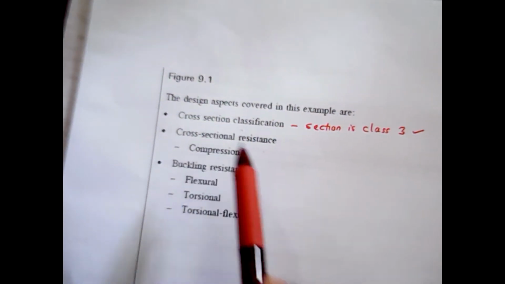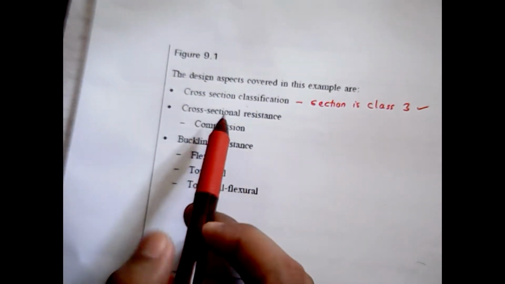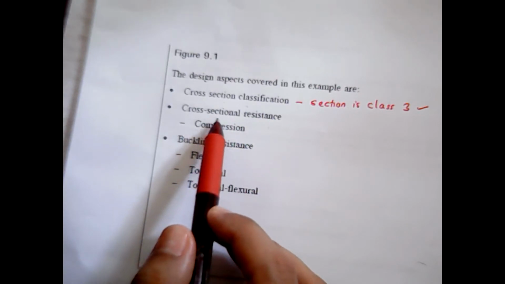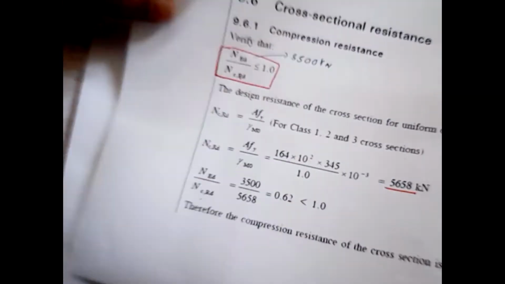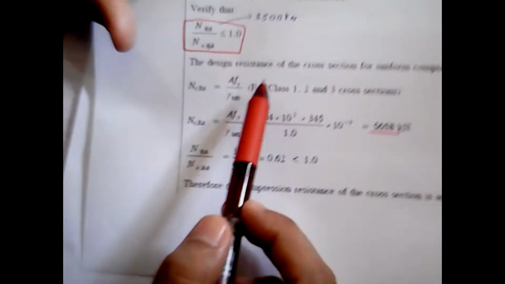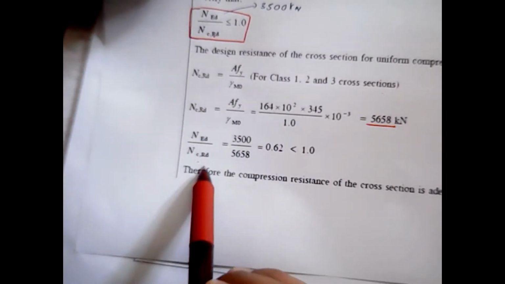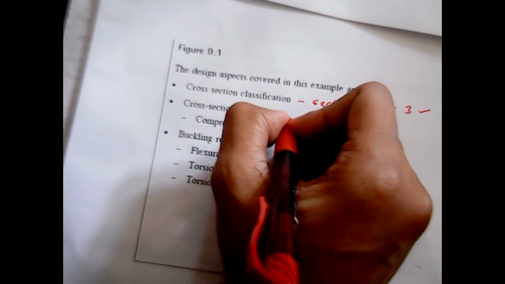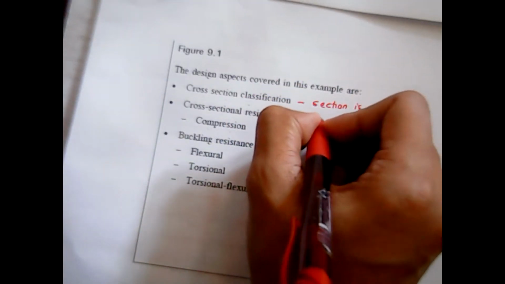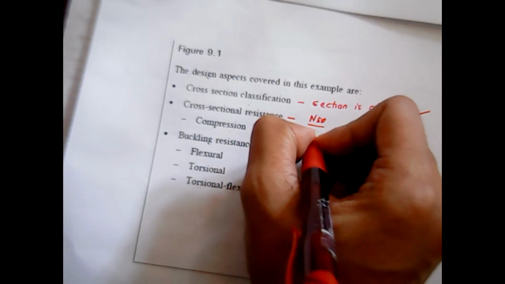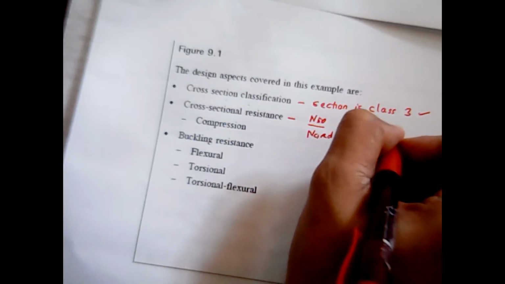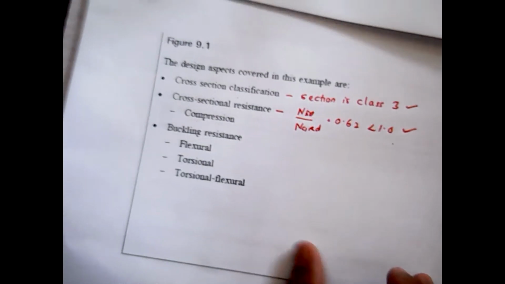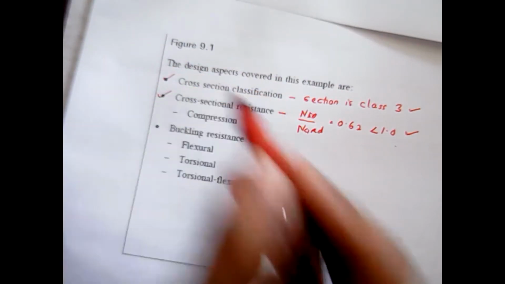In our list of verification checks, we can now say that the cross-sectional resistance due to compression, NED over NCRD less than 1, equals 0.62, which is less than 1. So it satisfies the cross-sectional resistance, and we have done this check.